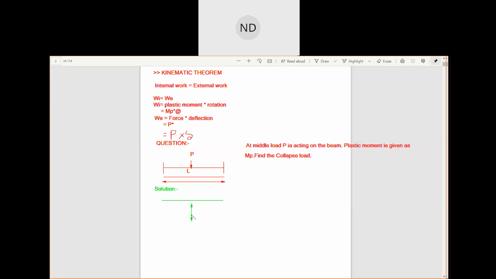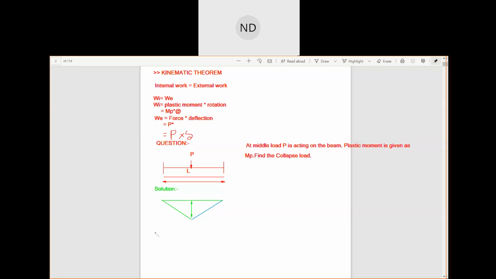So suppose this is the deflection here. You have this deflection due to this point load, which is delta.